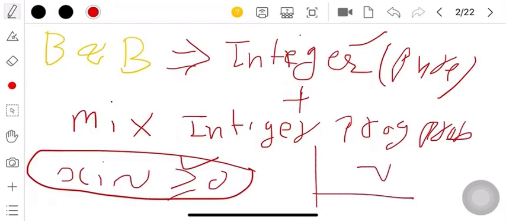After finding the solution using graphical method, we try to eliminate the solution to obtain the optimal solution. So I will discuss branch and bound method by assuming one example.